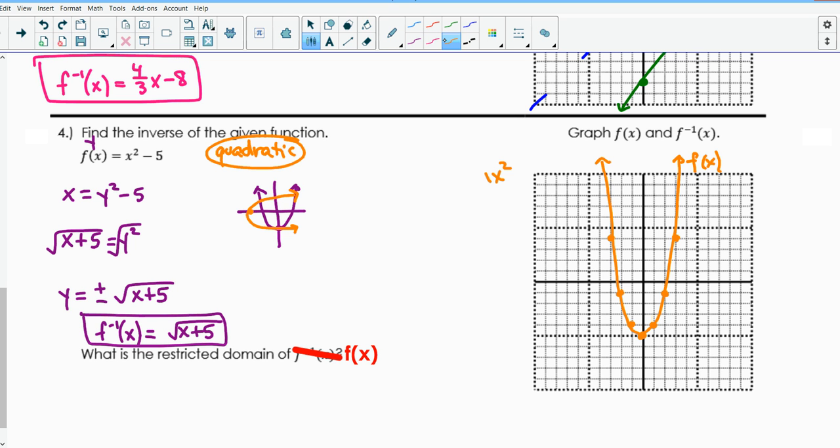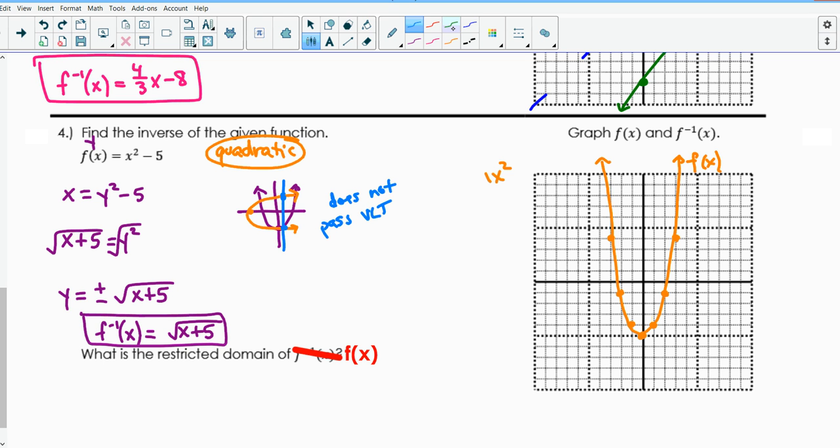The problem is, in order to be a function, you have to pass the vertical line test. But if I draw a vertical line in, I hit here and here, so it does not pass the vertical line test, which means that it's not a function.